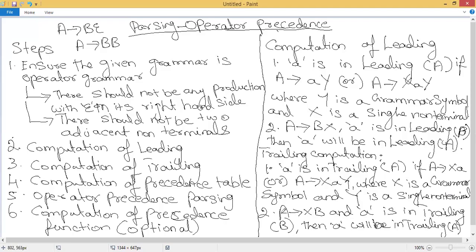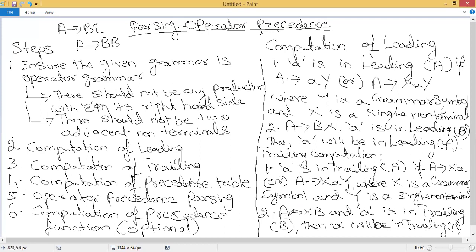The next production rule, A tends to X B. Here, if terminal a is in trailing of B, then a will be in trailing of A. Could you understand?